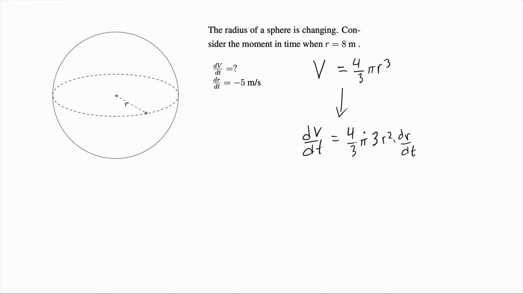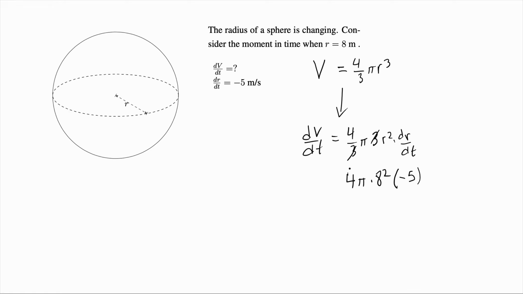Now notice the 3's cancel, and at this moment in time, r is 8. So we can plug things in now. dV/dt equals 4 pi times 8 squared times dr/dt, which we know is -5.